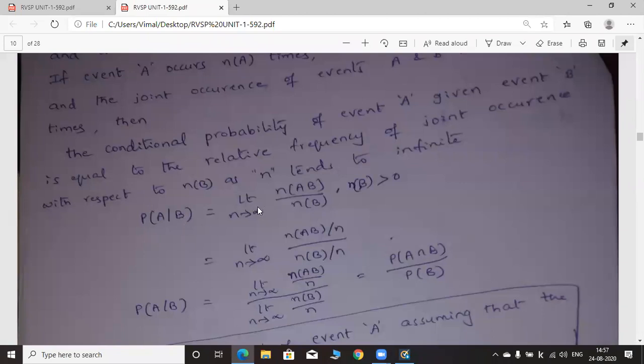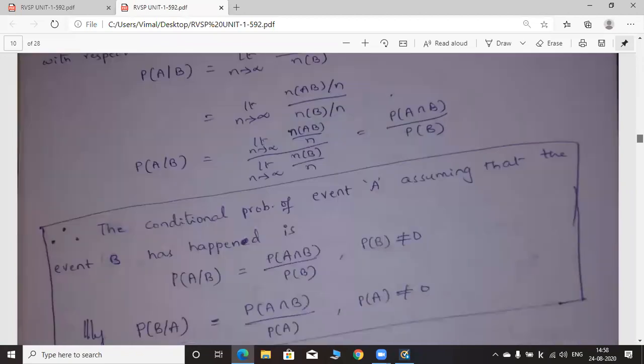Probability of A given B is equal to limit n tends to infinity n of AB by n of B. Divide both numerator and denominator by n, and split the limits. You will get limit n tends to infinity n of AB by n in the numerator, and limit n tends to infinity n of B by n in the denominator. So we can write P of A intersection B by P of B, since numerator and denominator are both probabilities by the relative frequency definition.